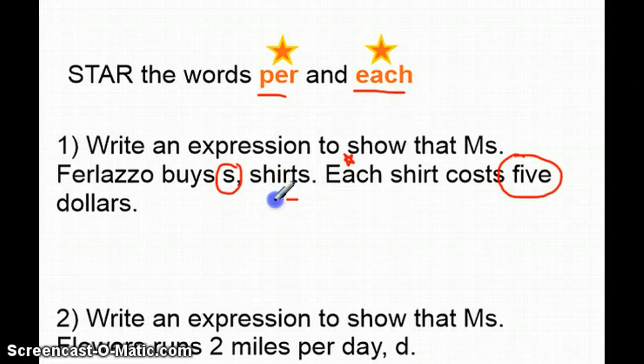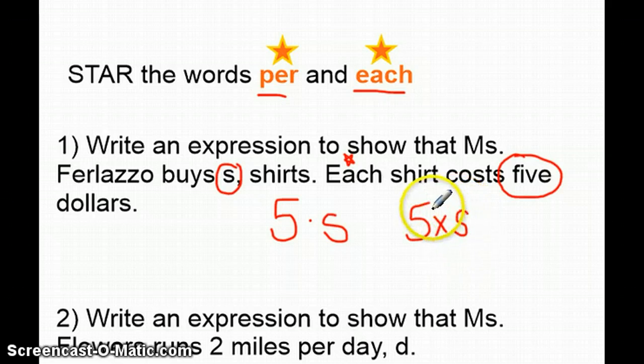We're going to say 5 times S. In this case, each means multiply. So 5 times S. If each shirt is $5, depending on how many shirts we buy is our total, or 5S. We wouldn't divide here because we want a total, and if we're buying multiple, we have to multiply.